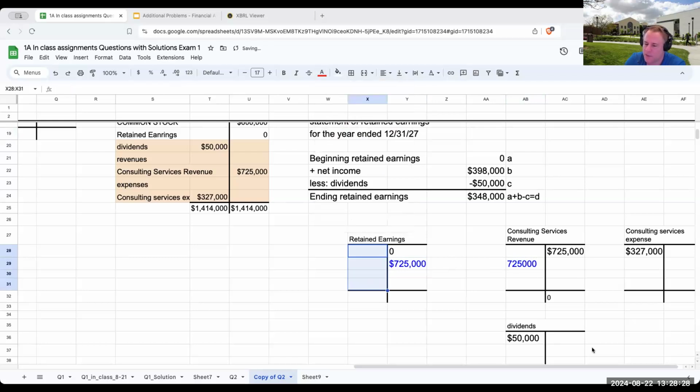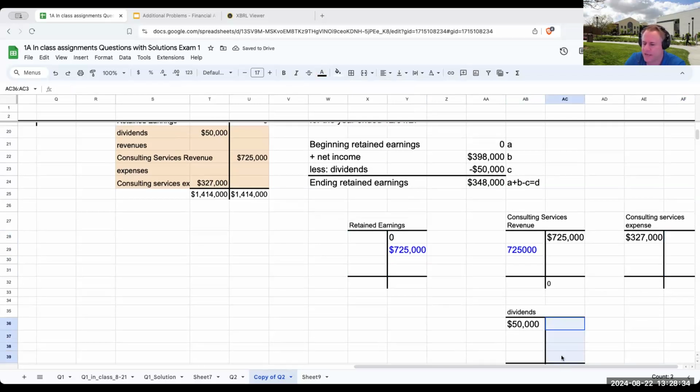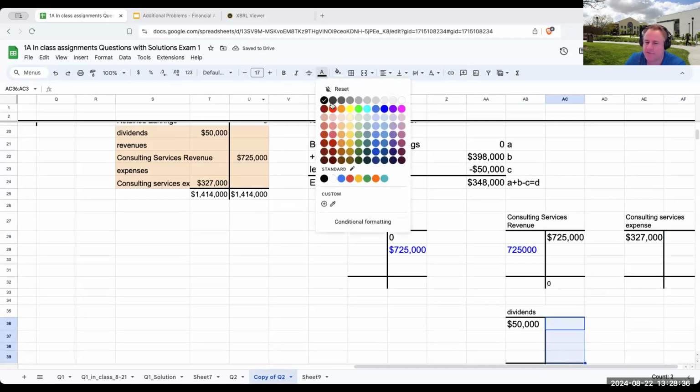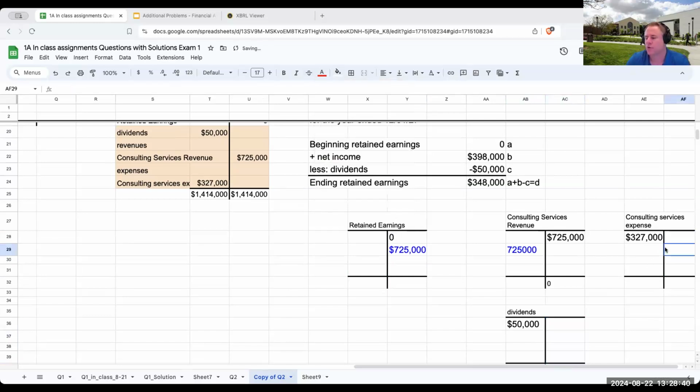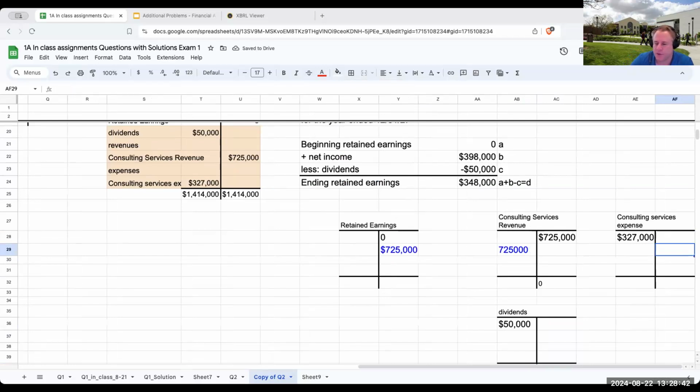Now, coming over here to consulting services expense and to dividends, I have to close these out. I have to make these accounts go to zero. So over here, to make this go to zero, I need to credit consulting services expense. 327 minus 327 equals zero. However, for every credit, I need a debit.